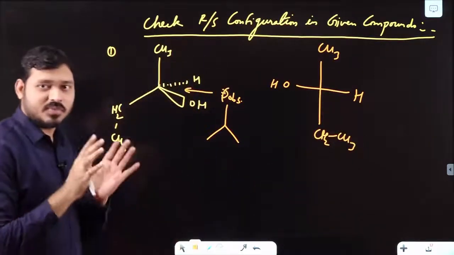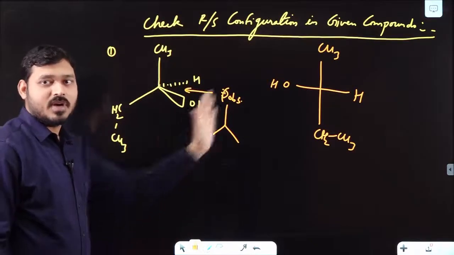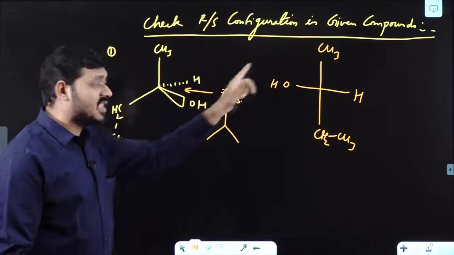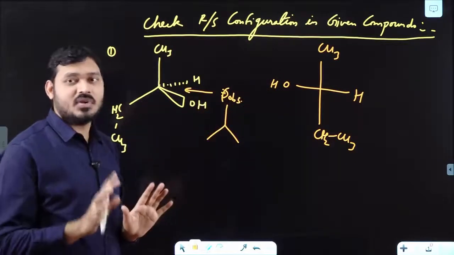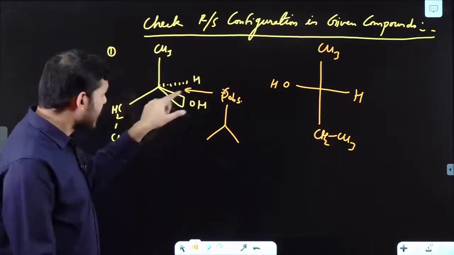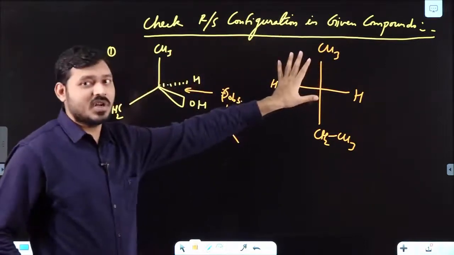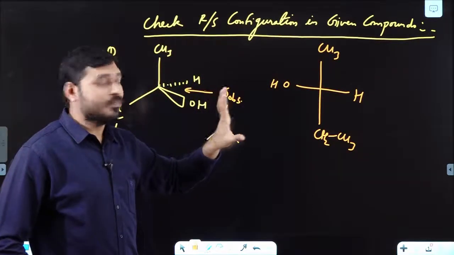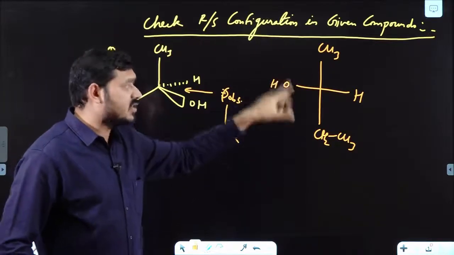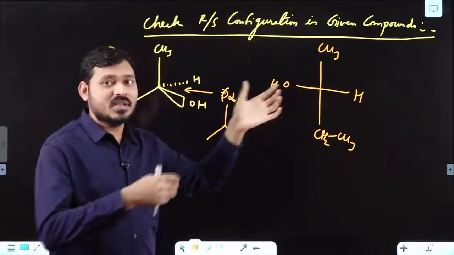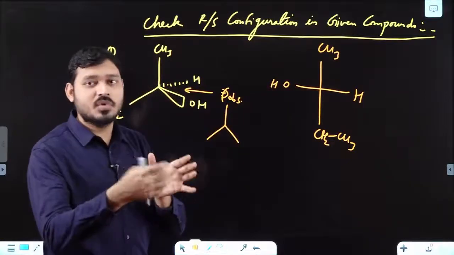The way you are observing, you will be drawing in Fisher form. Now how to say whether this is perfect or not? It is absolutely correct. Why? Because Fisher is the representation of eclipsed, I told. Now I am telling you Fisher is also a representation where this horizontal part represents the groups towards you, towards the observer.